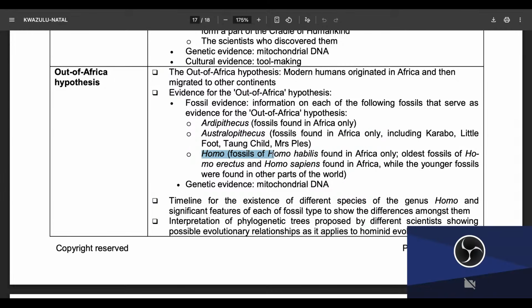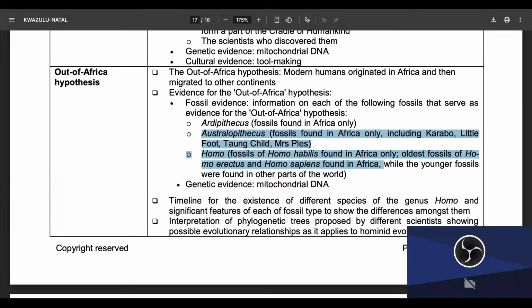Homo fossils, like Homo habilis, are only found in Africa. The oldest, emphasize, if you don't write the word oldest, you don't get the mark. The oldest fossils of Homo erectus and Homo sapiens are found in Africa. So this whole bit here that I've highlighted in blue, and I think you can all see it now, that is what gets you 4 out of 4 for your explanation.